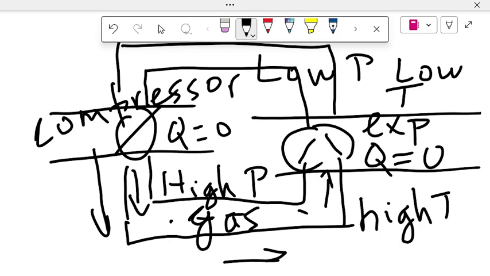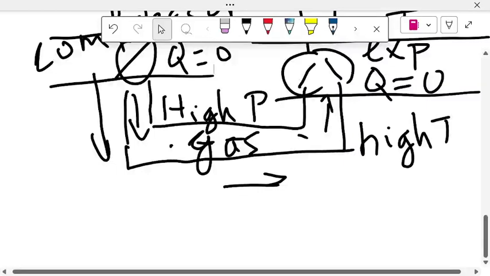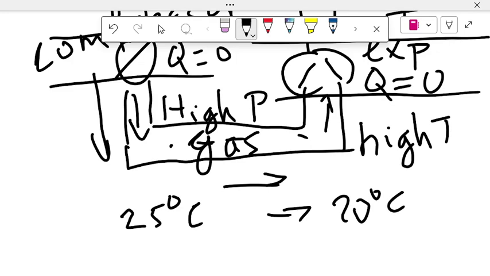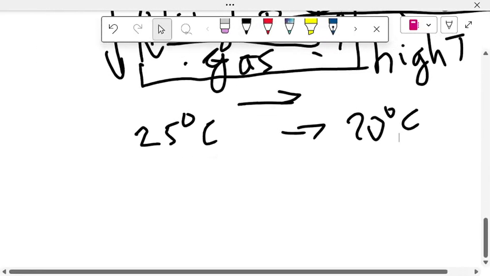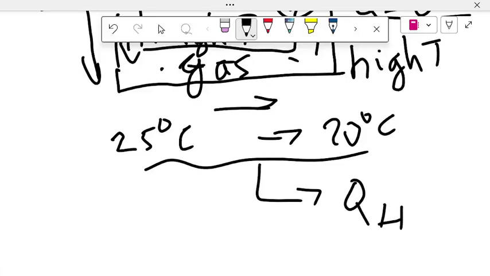but here we have, let's say, from 25 degrees Celsius to 20 degrees Celsius. Just in that condition they can put heat out.